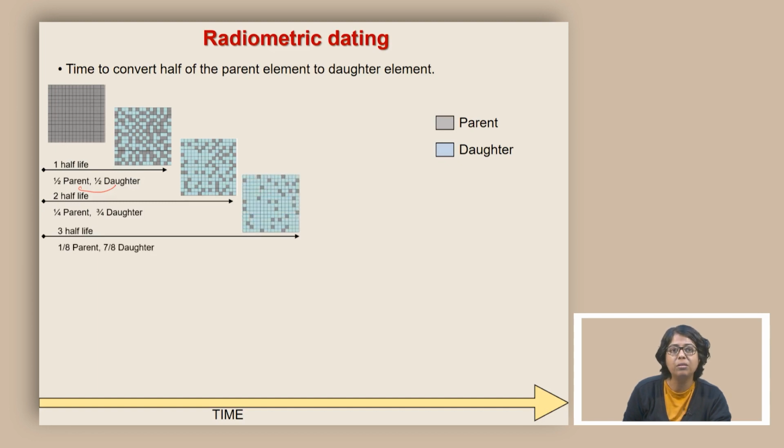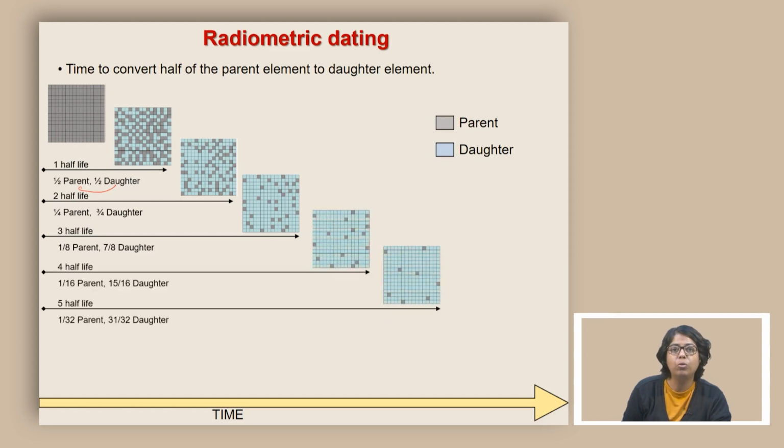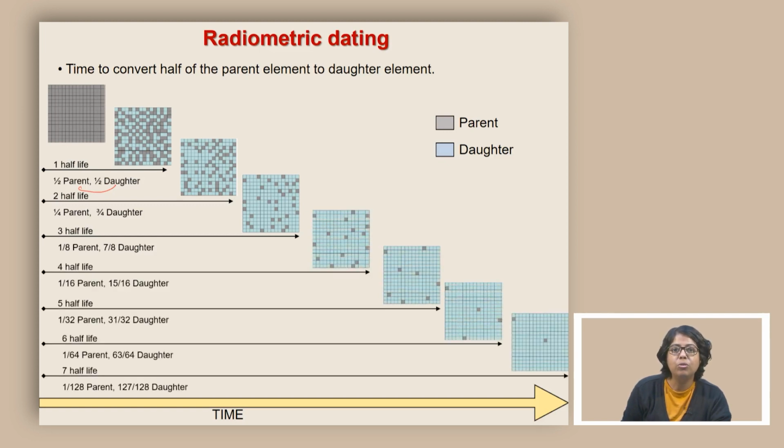After 3 half-lives, it's going to be 1/8 parent and 7/8 daughter, and we can keep on going, and eventually we are going to end up with a very low number of parent elements. But as I mentioned, it's primarily a ratio, and therefore in theoretical terms there won't be any number of half-lives after which the number of parent element is going to be 0.